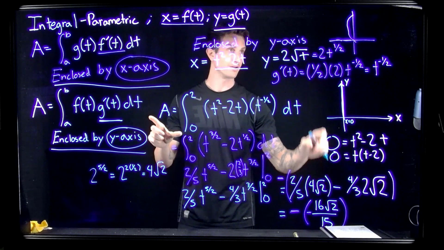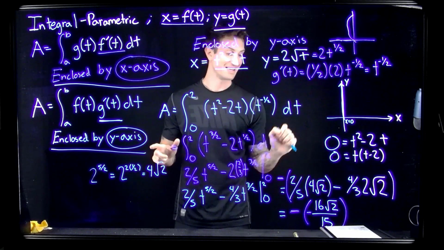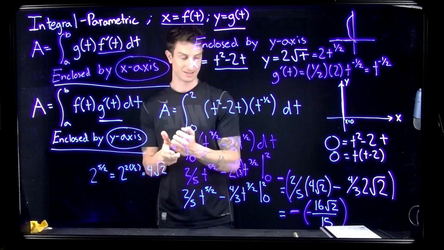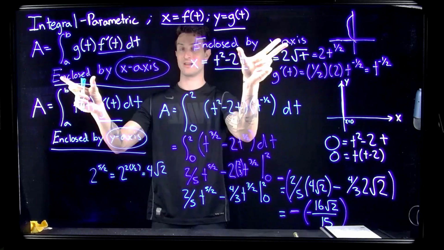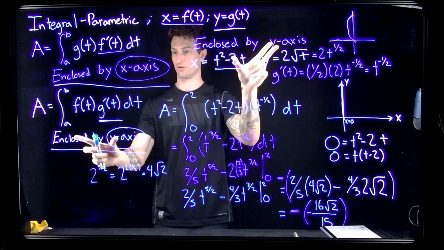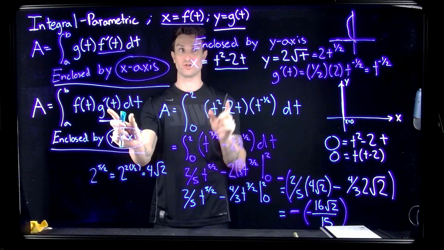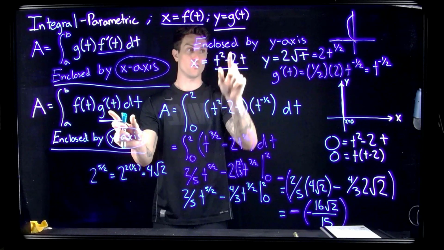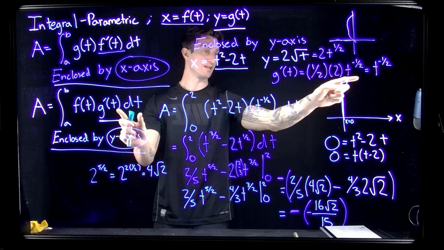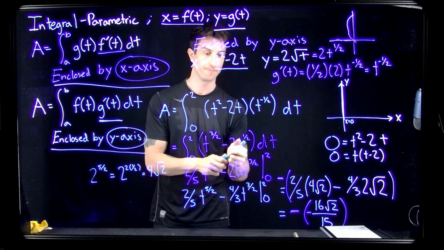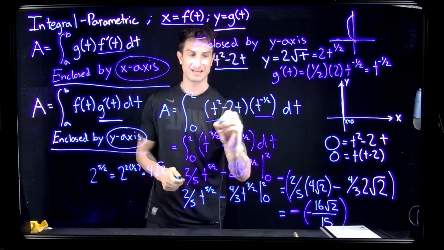Hopefully we got everything else. The negative sign, a quick explanation since I've run out of board space in the next example, but just so we go through it. The key wording here was enclosed by the y-axis. That means our y function, which is g of t, we took its derivative and got t to the negative 1/2. That's how this ends up here. The f of t stayed by itself.